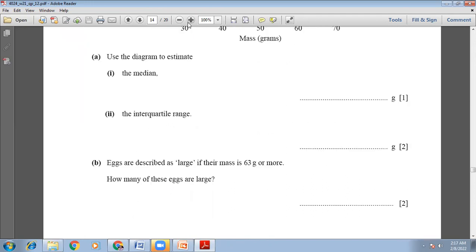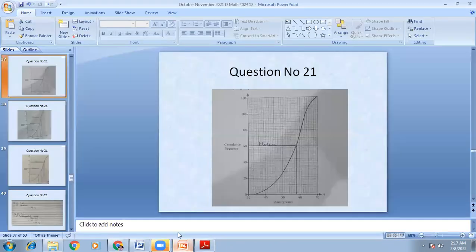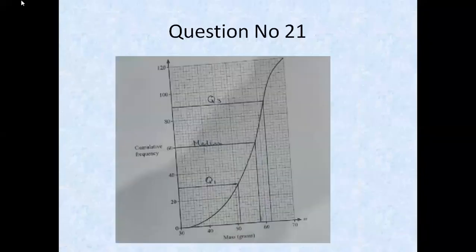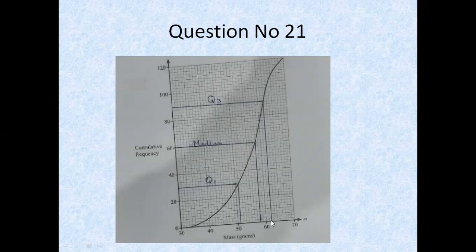So let's go to my solution. Q3 will be 75% of the 120, and that's 90. From 90, I will go to the graph and check what's the value here. So it's 62. So the Q3 is 62. Then I will take 25% of the 120, and that's 30.